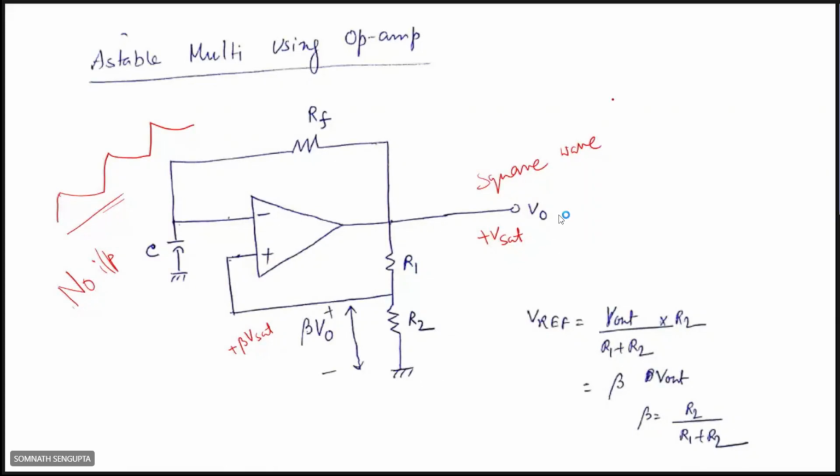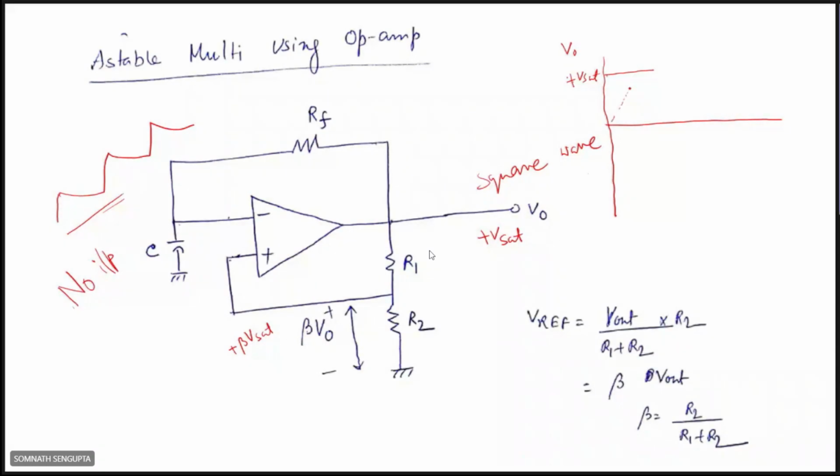Let me draw here. Initially the output V naught is staying at plus Vsat, and the capacitor is charging from 0 volt.